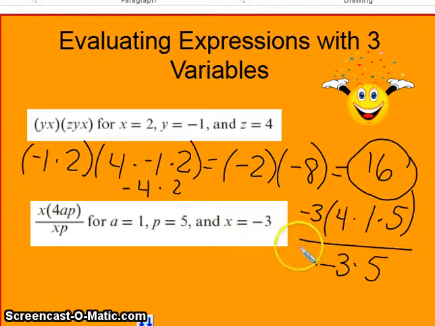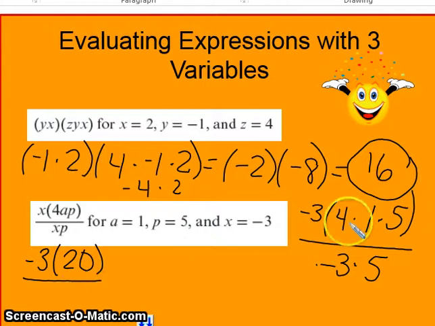Alright, now this fraction bar, again, is a symbol of inclusion. So that means I have to work everything above the fraction bar and everything below the fraction bar before I can divide those two. So on the top, I've got negative 3, bring my work over here, times, and in the parentheses I have 4 times 1, which is 4, times 5, which is 20. And then in the bottom of the fraction bar, I have negative 3 times a positive 5.